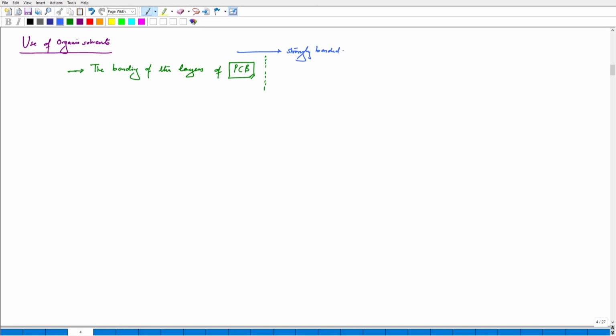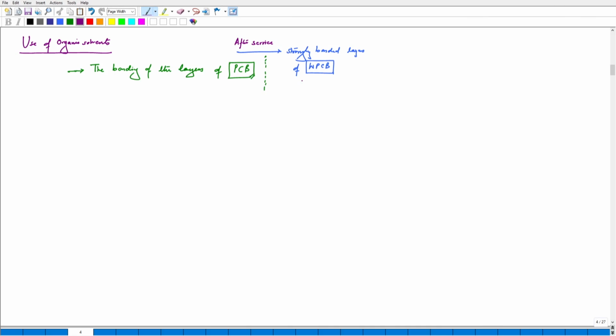Strongly bonded layers of WPCB. Now we are writing WPCB because it has reached its end of life, so we can just write after service. So we had this during manufacturing, and this is after service, when we are trying to recycle.